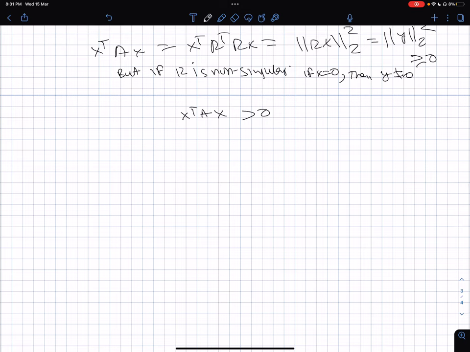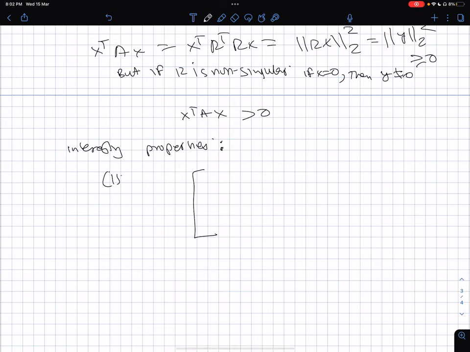Now let me close with some other interesting properties. These are just for theoretical interest. They don't make a good way of checking positive definiteness of A, but still are interesting in their own right, though not computationally elegant. For example, one interesting property that I want to mention is this.